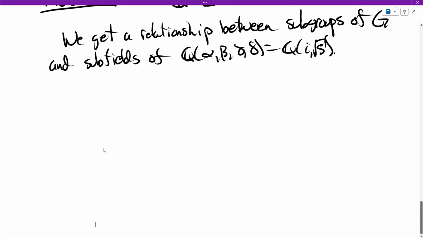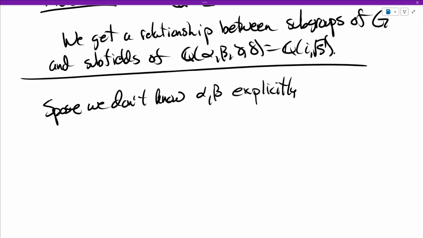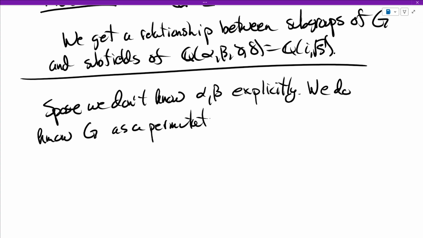Okay, so let's suppose for a moment we don't know alpha and beta explicitly. We do know G as a permutation of the roots as before, and we do know the information about the fixed field.